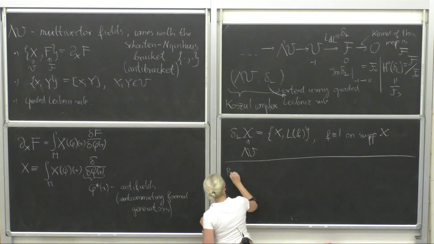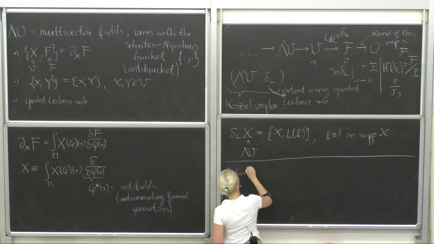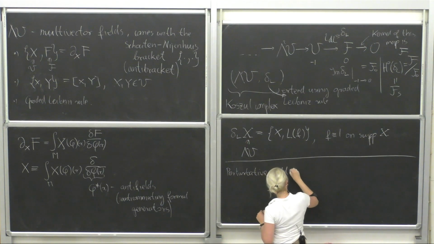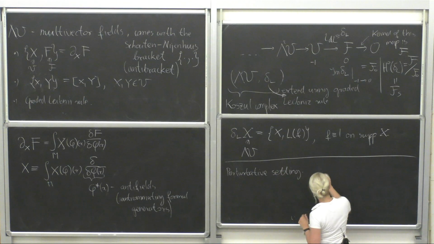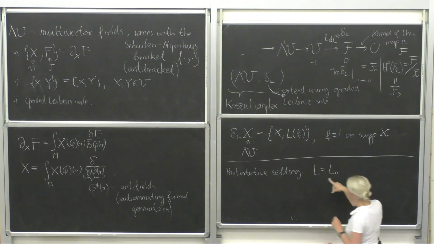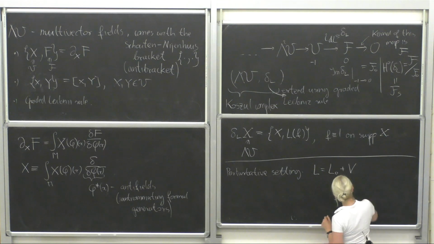I could actually do it more generally, but for the sake of brevity, let me jump immediately into the perturbative setting. So I'm going to say that my Lagrangian can be written as a quadratic piece plus an interaction. So this is quadratic.